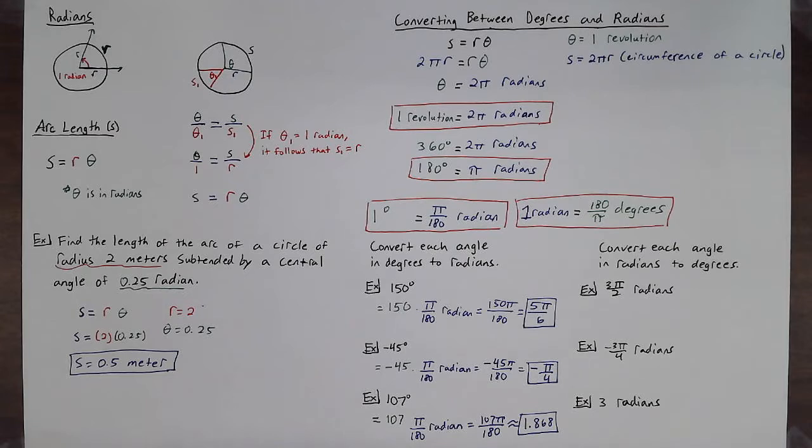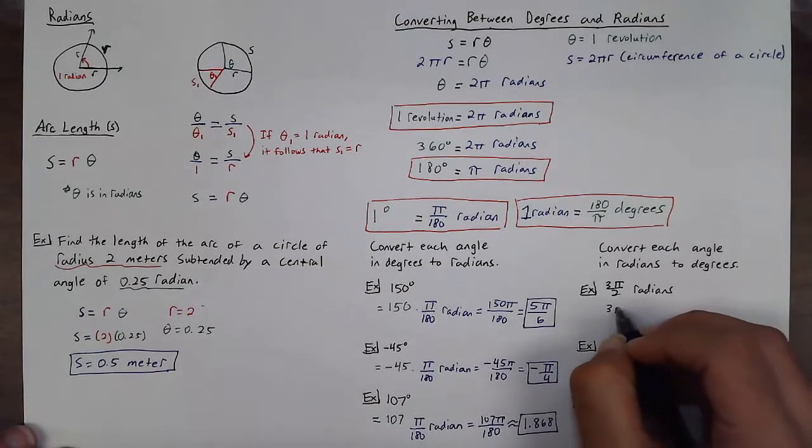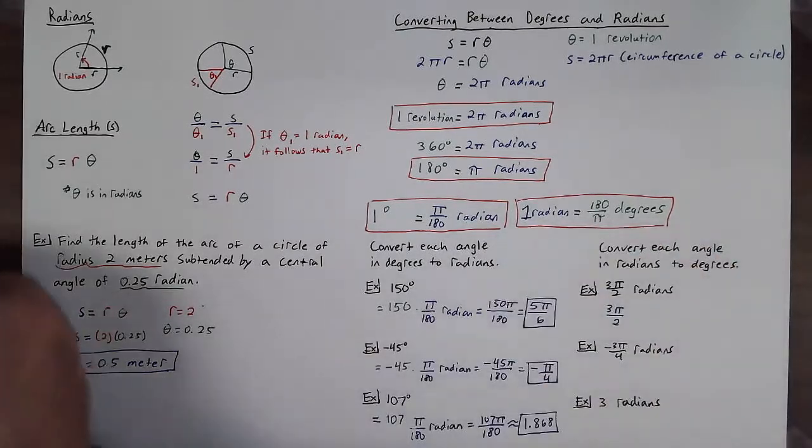Now, let's say we have it in radians, but we want to convert it to degrees. Often we can visualize degrees a little bit better as an angle, so it might be good to know how to convert back into degrees if you're given a radian. So I have 3 pi over 2 radians, but now 1 radian is 180 over pi degrees.